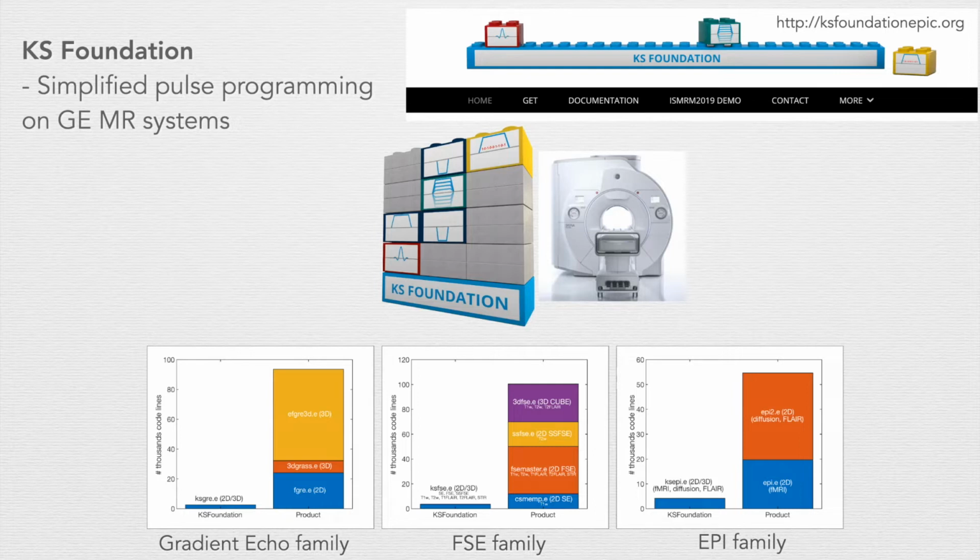These bar charts are a rough estimate of how many lines of code the product has versus our code. This shows that the software we have written is much smaller in scope, and it more or less can do the same thing.